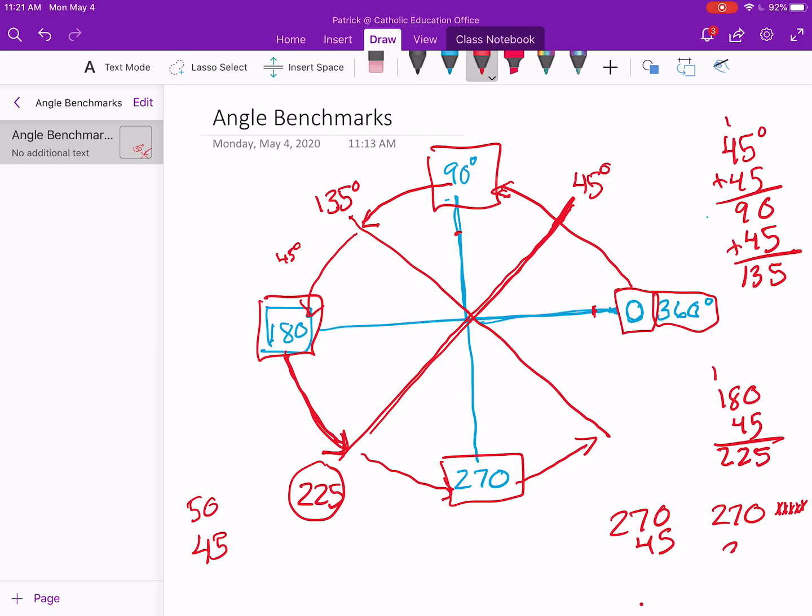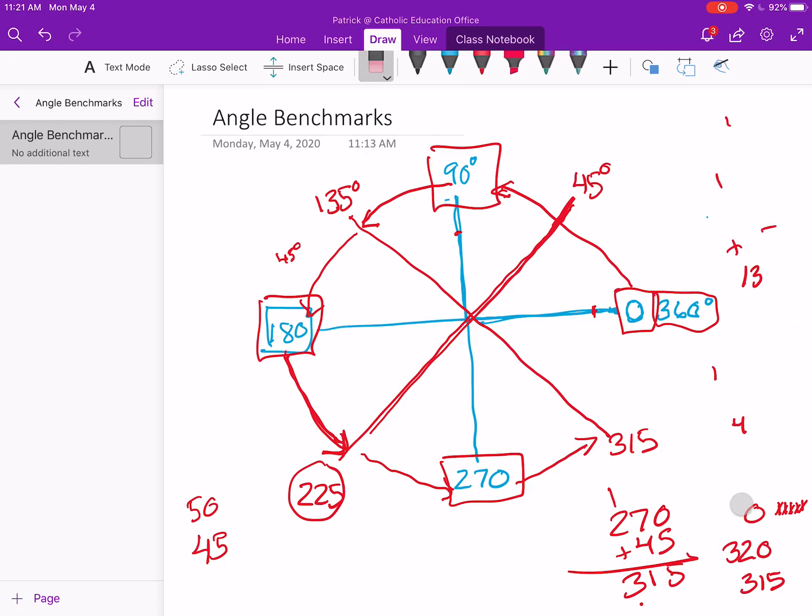So 320, take away 5, which would be 315. Or you could just add 45 to the 270. 5, 7 and 4 is 11, and 315. So this is 315.